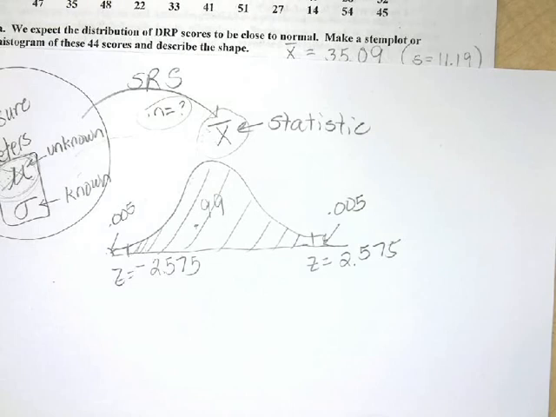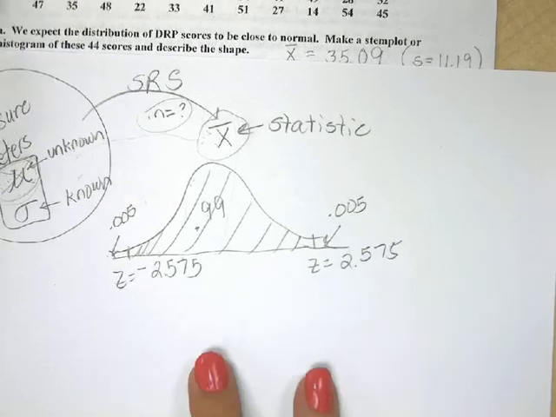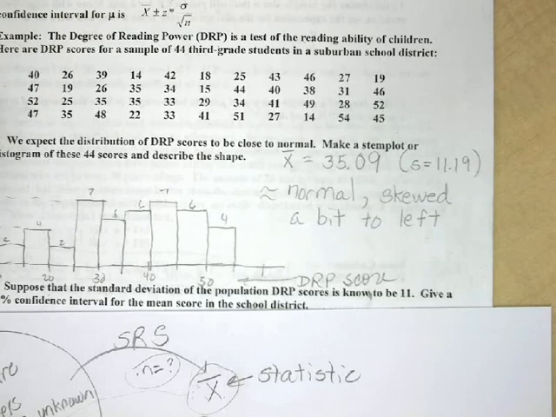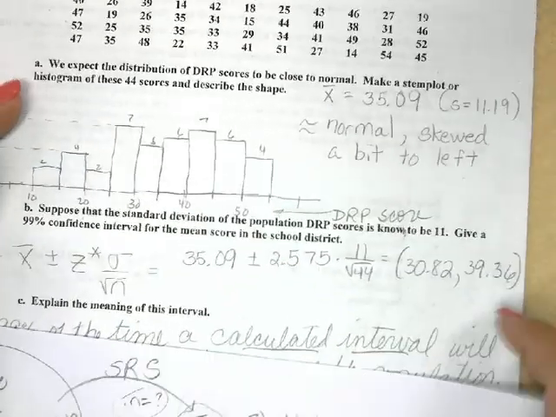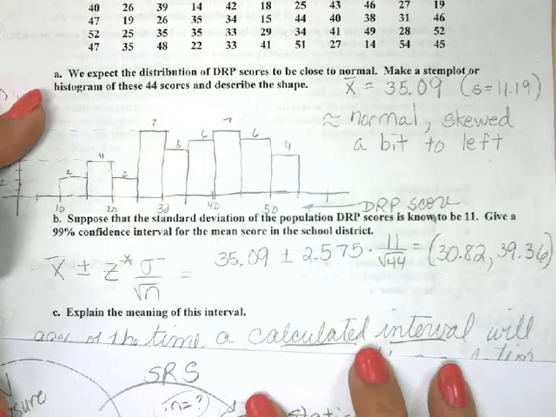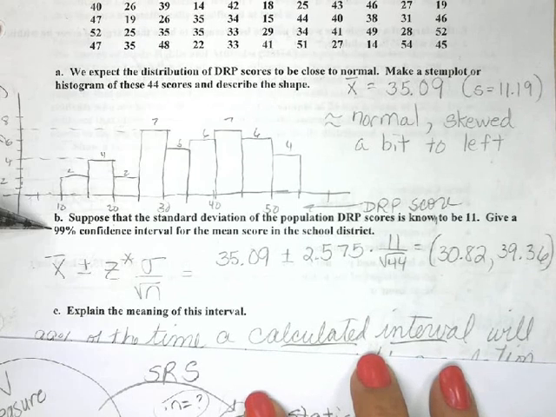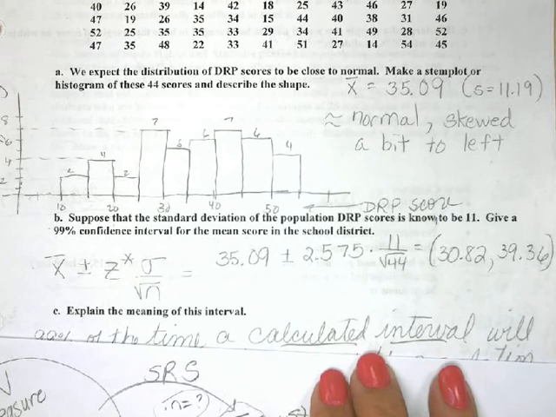Okay? And then we can use that value to complete our confidence interval, and I have the calculations here. If I'm finding a 99% confidence interval, I need to think of the symmetrical standard normal curve with 99% between two numbers and find those z-scores.